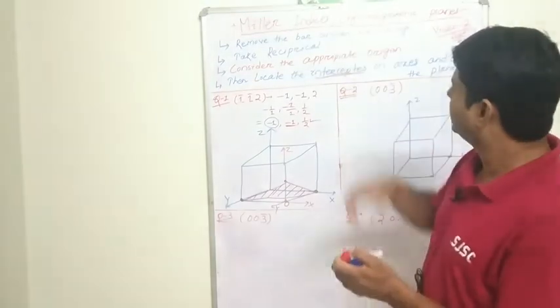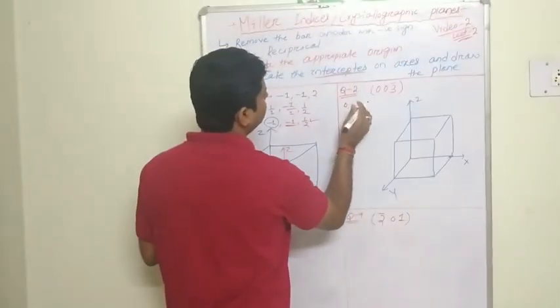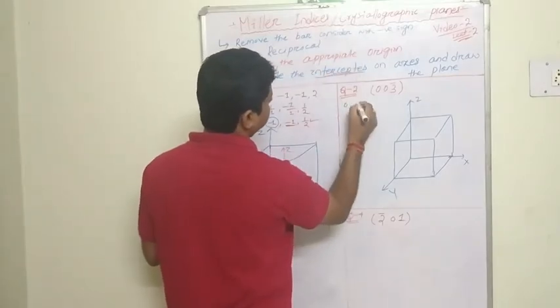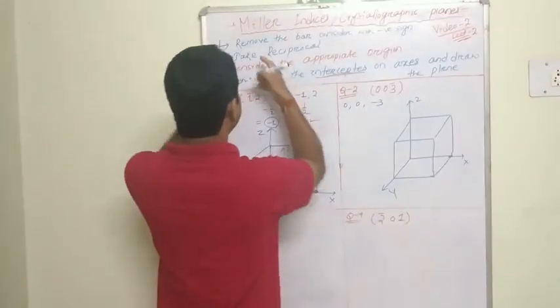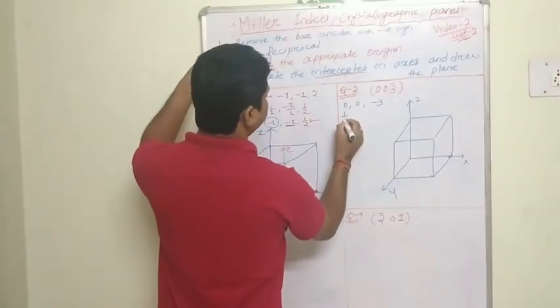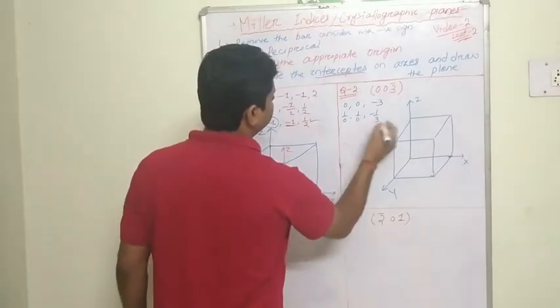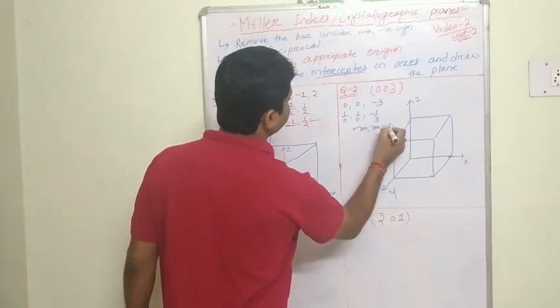So first, if we consider the first point, it will be 0, remove the bar and put it as negative, so -3. Okay, first step. Second step, we have to take the reciprocal. This will be 1 by 0, 1 by 0, minus 1 by 3. That will be equal to infinite, infinite and minus 1 by 3.